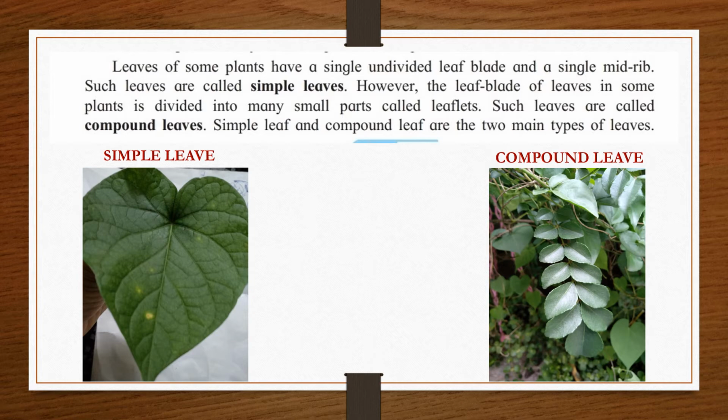These small leaflets we can see, but actually it is a single leaf because these small leaflets are attached to the midrib. So when the lamina is cut into small leaflets, such a leaf is called a compound leaf. Understood? When the lamina is uncut, that leaf is called a simple leaf, and when the lamina is cut and small leaflets are formed, then that leaf is called a compound leaf.